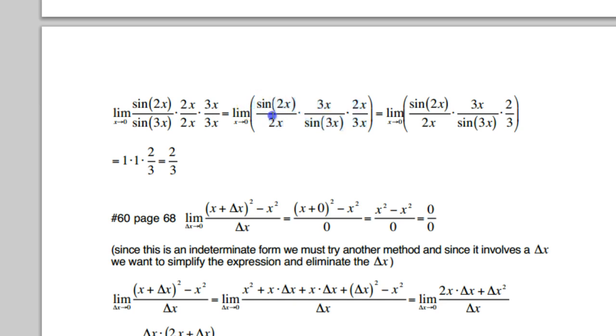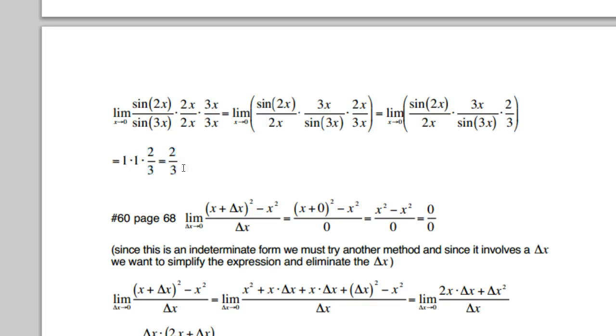So this will turn into 1, this will turn into 1, and then all I have to worry about is this. If I have this x and x here, I'm going to cancel those out and just leave me with 2/3. So this becomes 1, this becomes 1, and this becomes 2/3 because I'm not plugging in anything for that function.